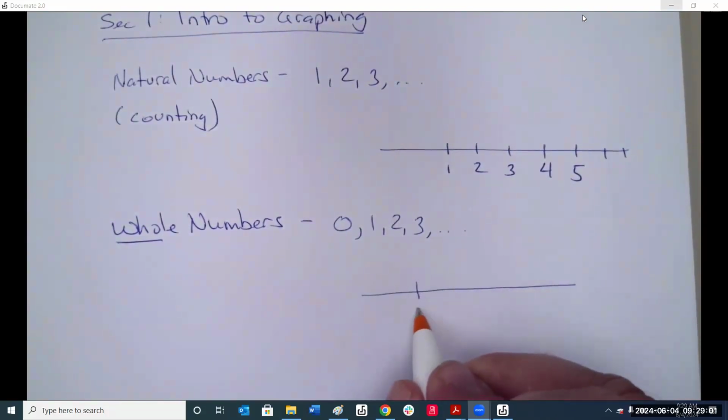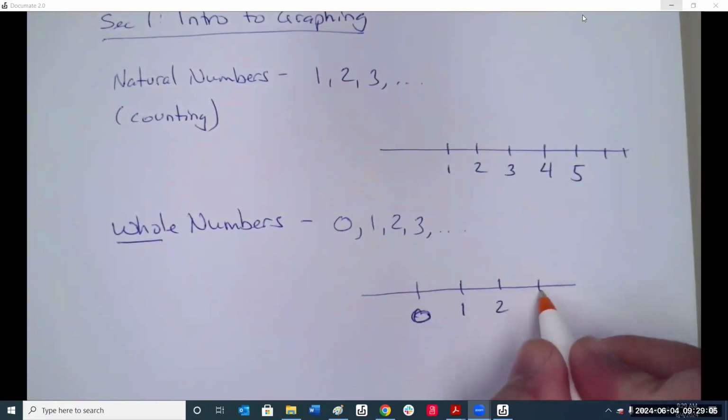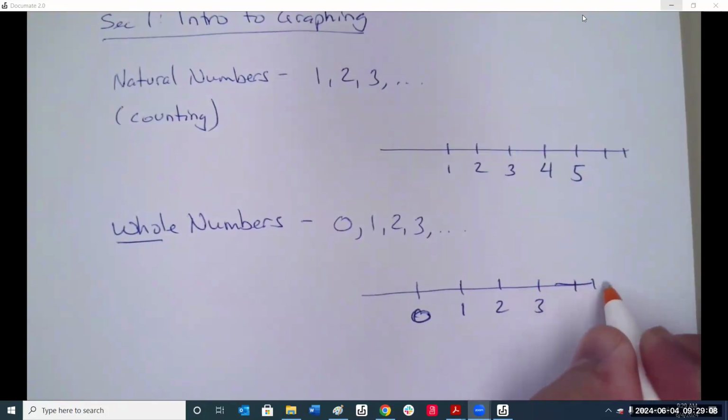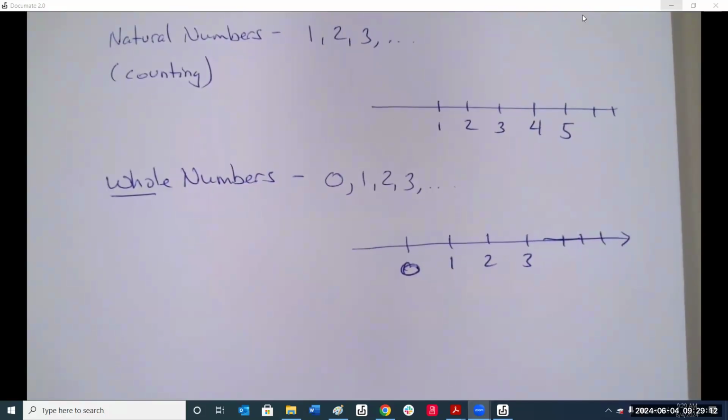So now we have a beginning point. We had to discuss 0. Why? Because what does 1 mean? We know we use these numbers all the time, but what do they mean?